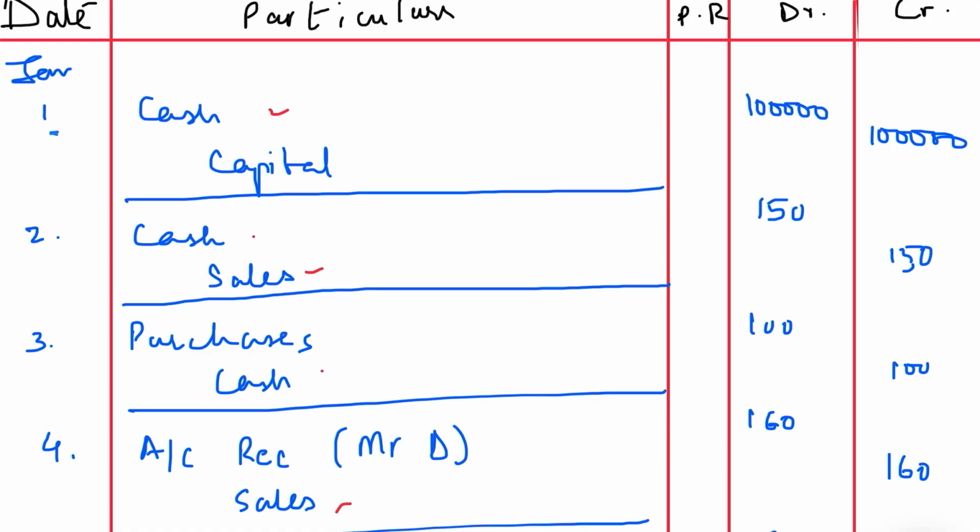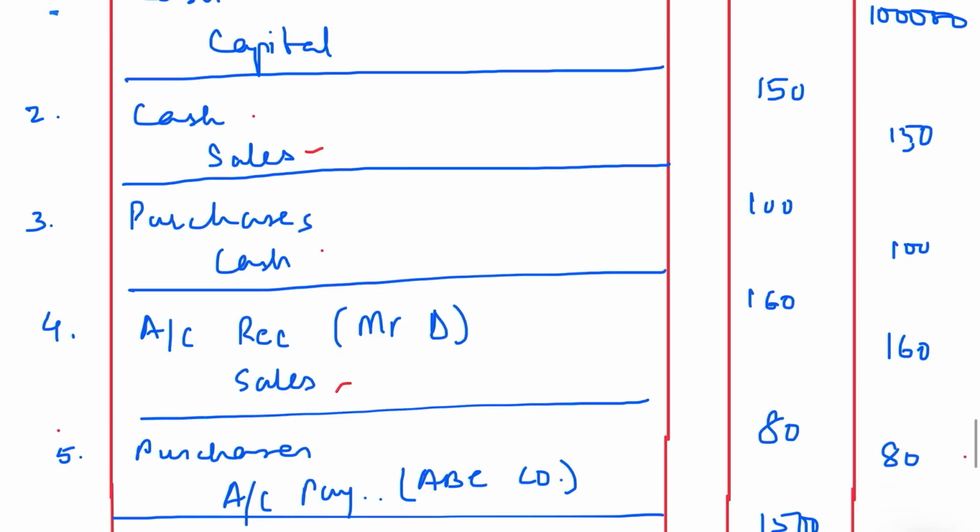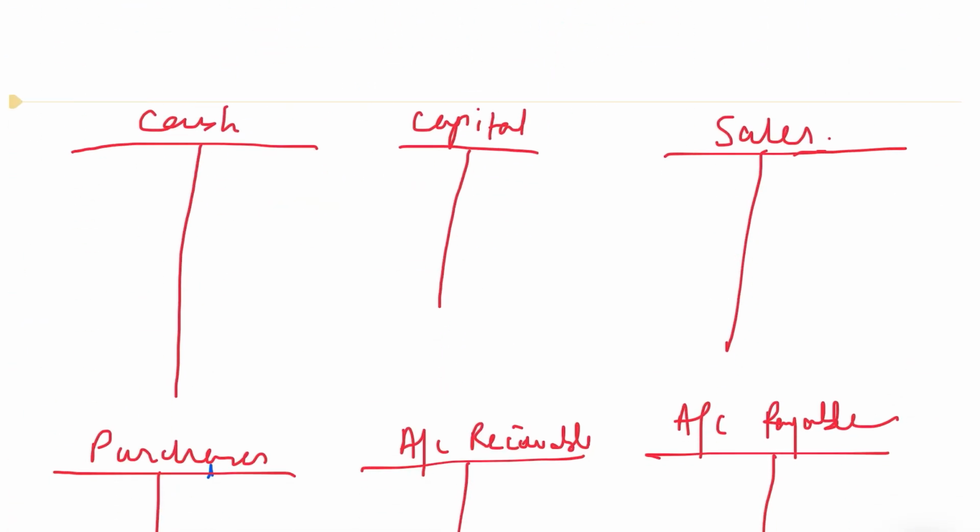Now on 1st January, cash is increasing, right, by $1 lakh. Cash is increasing by 1 lakh, that is debit side. So how we will record it? Now for all the ledgers, you have to keep it in your mind that debit sides are always on the left side and right side are for credits, right?